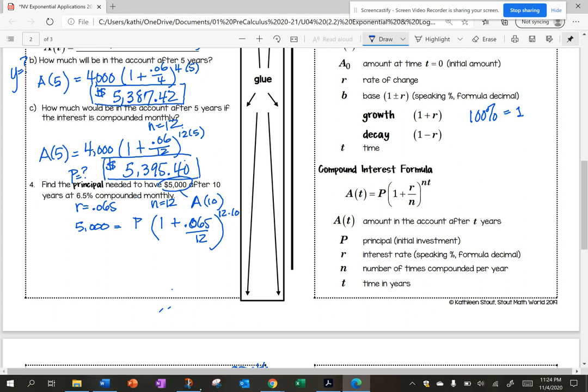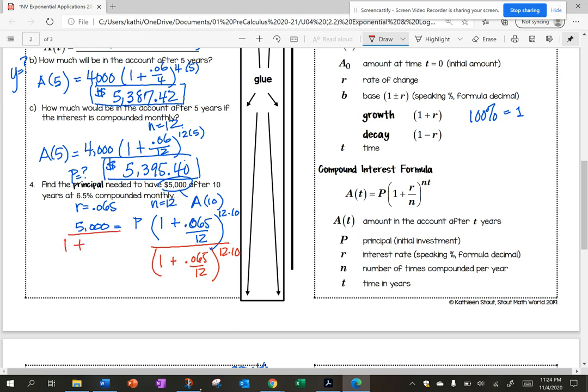Okay, so I'm solving for the principal. To solve for the principal, I need to isolate P. So I'm going to divide both sides by 1 plus 0.065 divided by 12, to the 12 times 10.